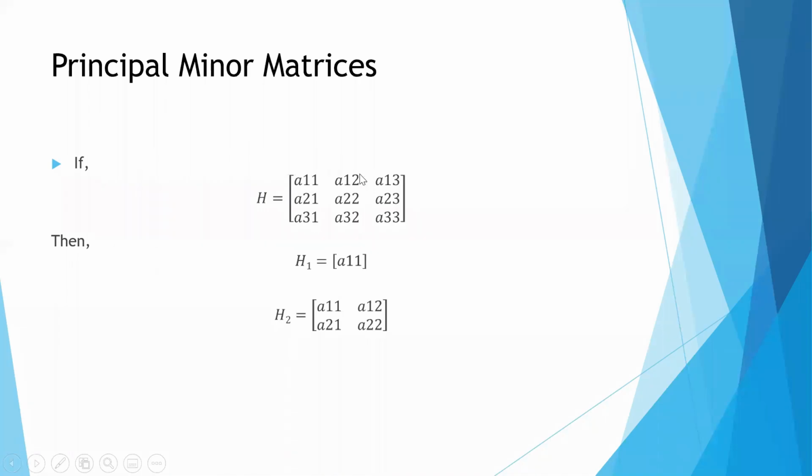After that, you take the second 2 by 2 matrix, that is A11, A12, A21, and A22. After that, the next matrix will be the entire Hessian matrix. So basically, you go diagonally taking one square element at a time. That is nothing but your principal minor matrices. Okay, so with that, we'll move forward.